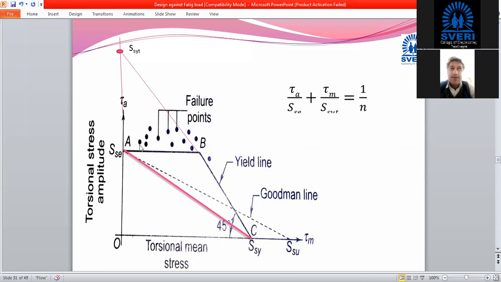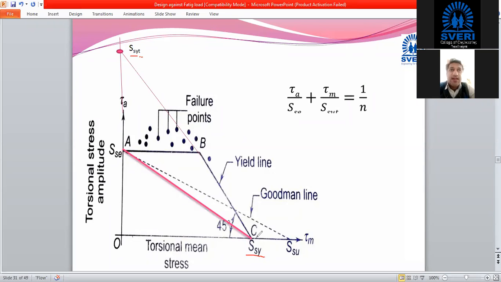Now here you can see what he has done in a similar manner. He has put the yield shear stress on the y-axis, and on the x-axis also he has put the yield shear stress.